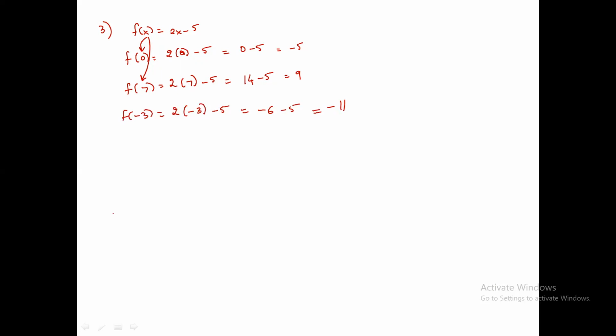Next, the function T. Fourth question. The function T is mapping the temperature in Celsius to the temperature in Fahrenheit. T of C is given as 9C by 5 plus 32. T of C means temperature in Fahrenheit.